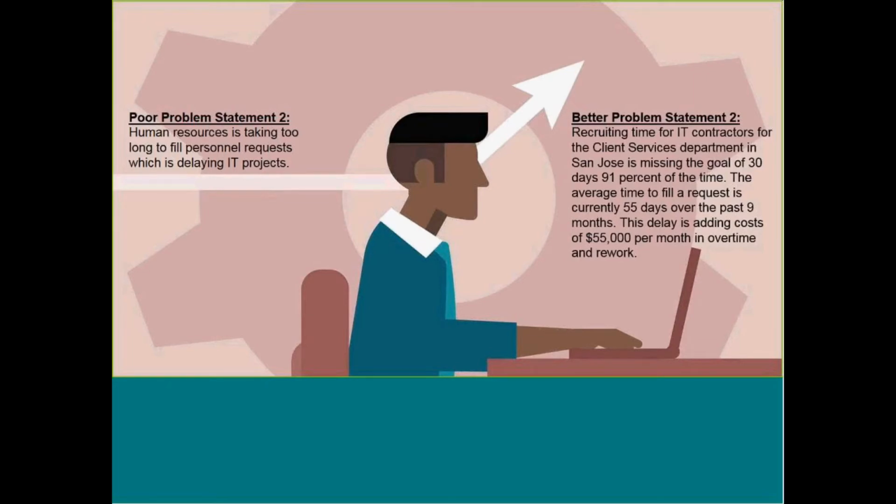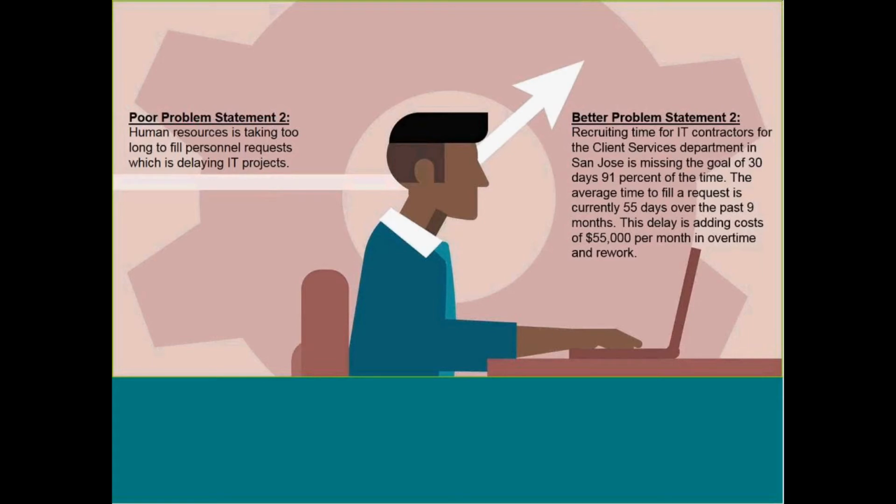Recruiting time for IT contractors for the Client Services Department in San Jose is missing the goal of 30 days 91% of the time. The average time to fill a request is currently 55 days over the past 9 months. This delay is adding costs of $55,000 per month in overtime and rework.